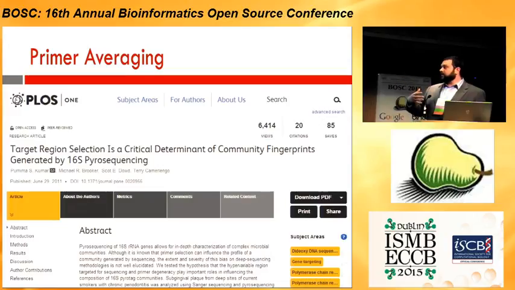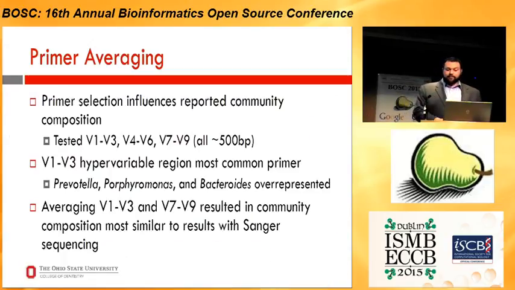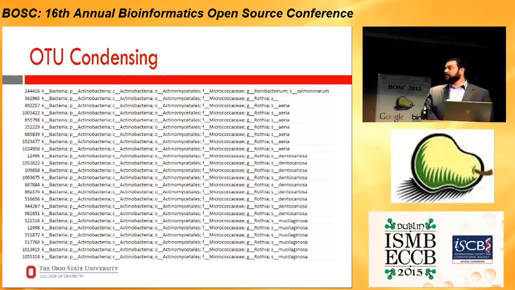We had published previously on primer averaging: if you sequence with multiple primers, you get better results because, at least in certain environments, certain primers have biases towards certain organisms versus other organisms. That is something that, if you're willing to sequence twice, which nowadays isn't so much of a big deal since sequencing has dropped in price so much, you can improve accuracy of your results.